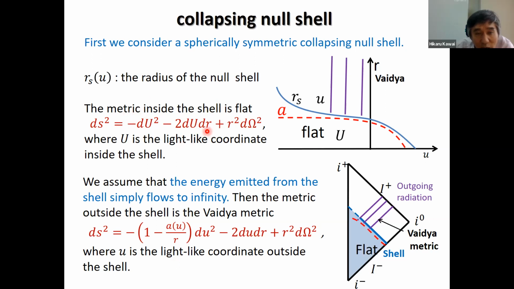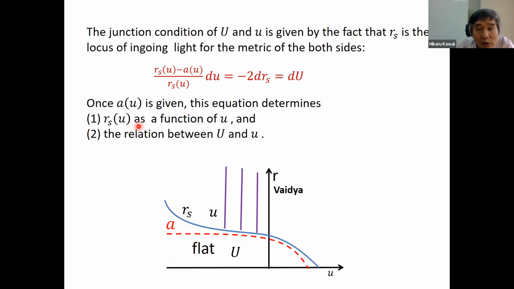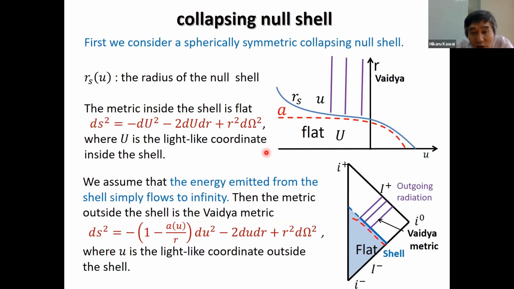So we have minus 2 dr equals dU. And also if we see this shell from outside, again this is a null shell. By setting this equal to 0, we have minus 2 dr equals (1 minus a over r) multiplied by du.